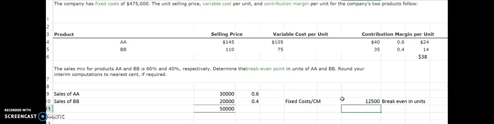So we're going to take that same 12,500 and we're going to first of all multiply it by 60%. And the 7,500 will represent our break even in units for AA.